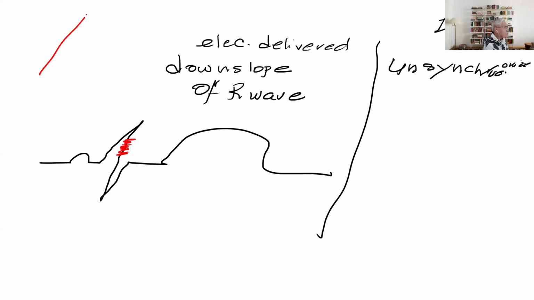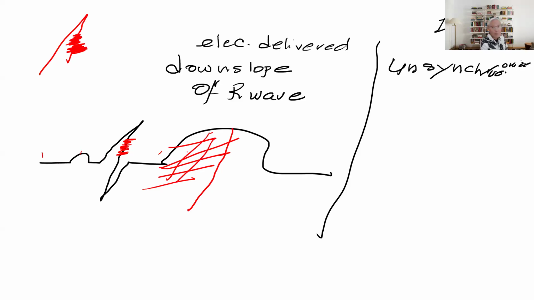This is the upslope. This is the downslope. So we want the electrical current to be delivered over here, not over here, not over here, not over here, not over here. The reason is if we do not synchronize it, it might deliver it over here. And if it delivers over here, the patient who is alive becomes dead. So do you understand? We want to time it right over here.